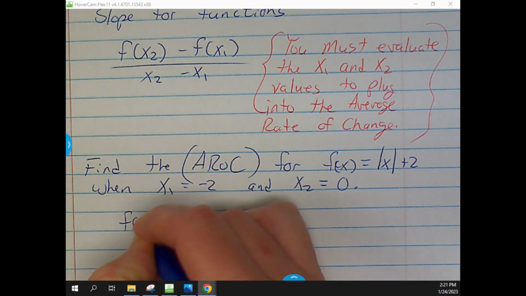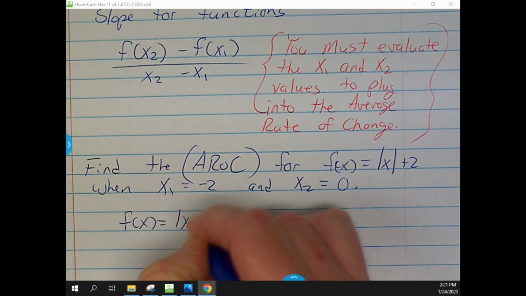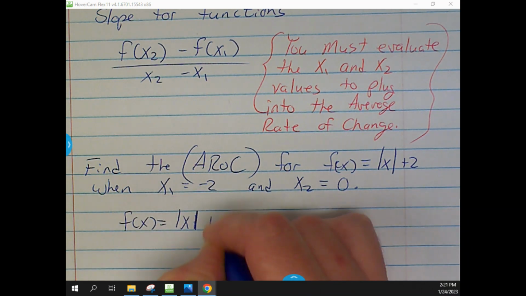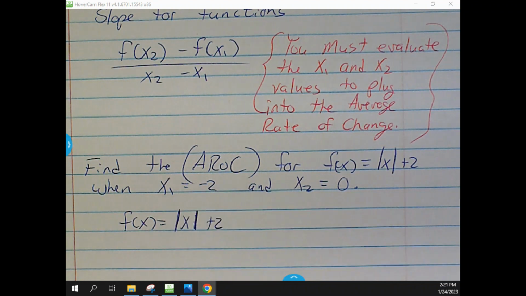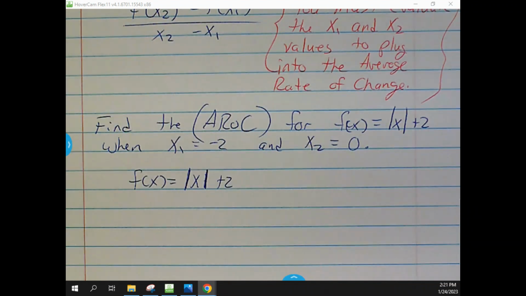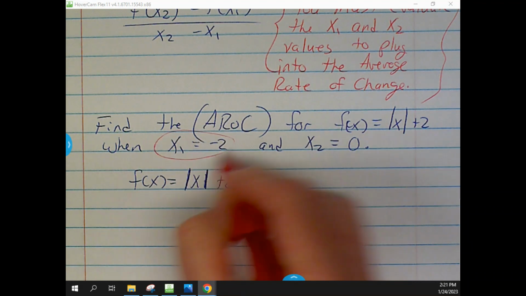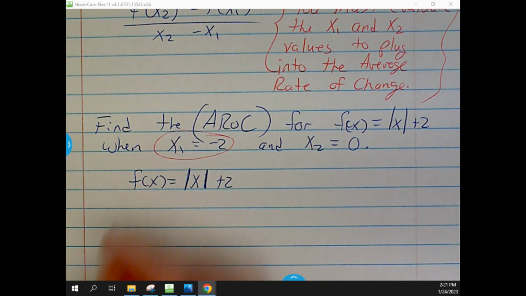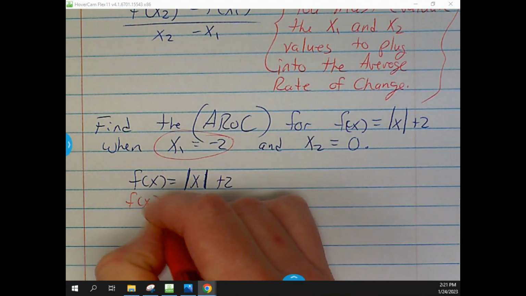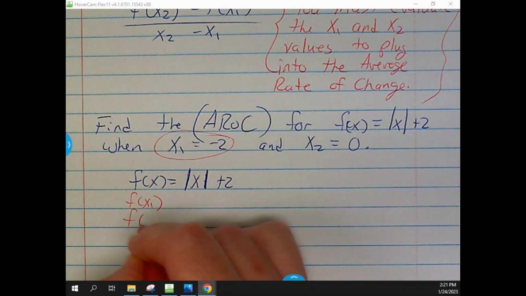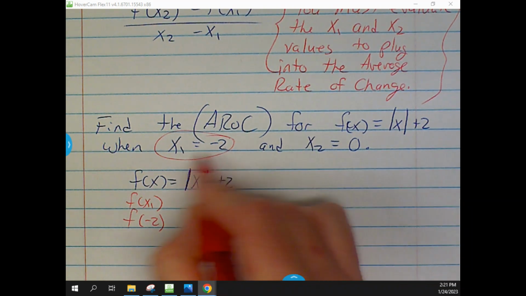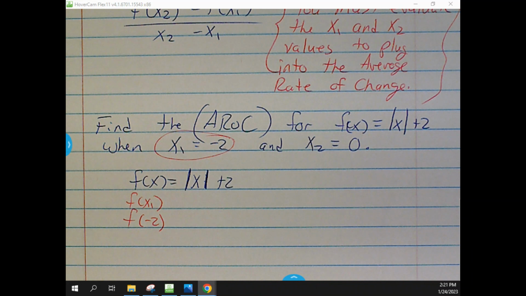So if you're given f of x equals absolute value of x plus 2, you want to plug in this value of x1. So you're going to find f of x1 by plugging in this number at x1, so we're going to find f of negative 2.